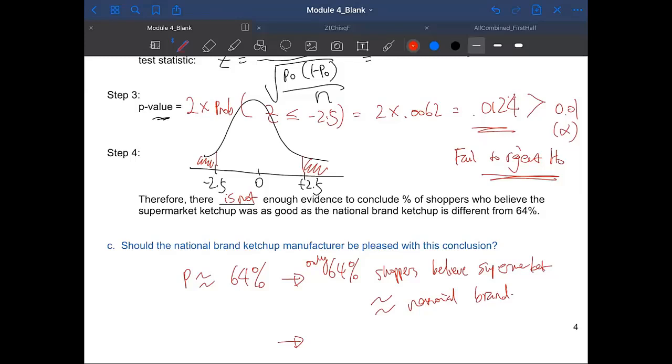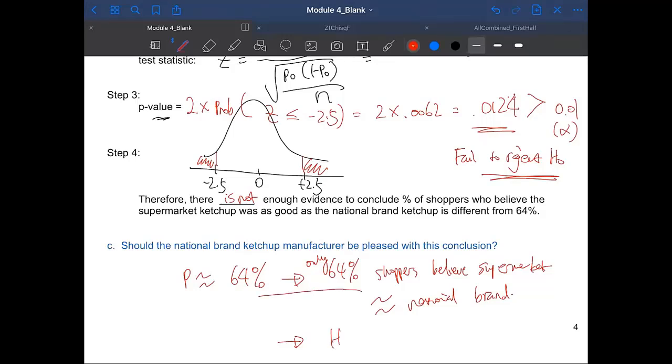If 99% or maybe 90% of the shoppers believed the supermarket brand is as good as the national brand, they should not be happy, because the national brand manufacturer should not produce that. They should just produce the generic or supermarket brand, which is cheaper and more efficient. But only 64% of them think it's about the same.